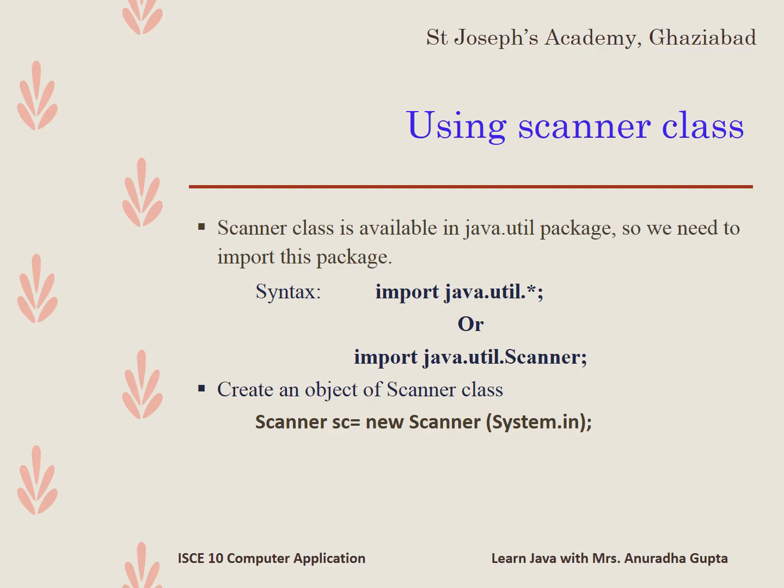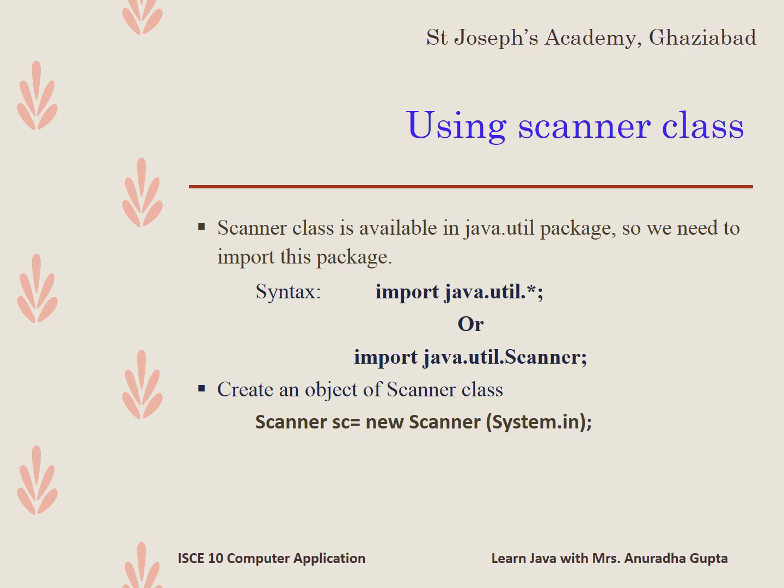Third way of taking values in our program is the Scanner class. The Scanner class is available in the java.util package, so we need to import this package in our program. We can import the util package in two ways.